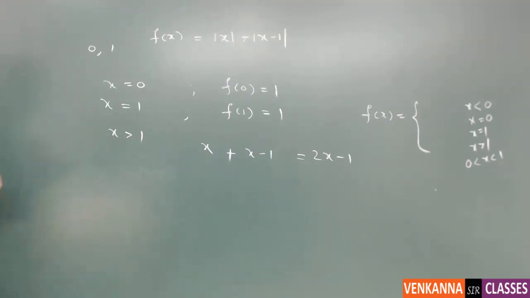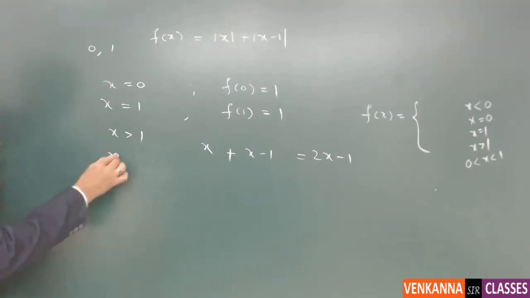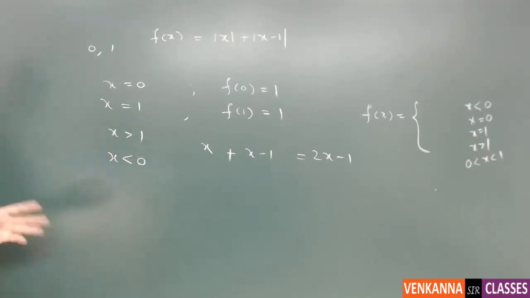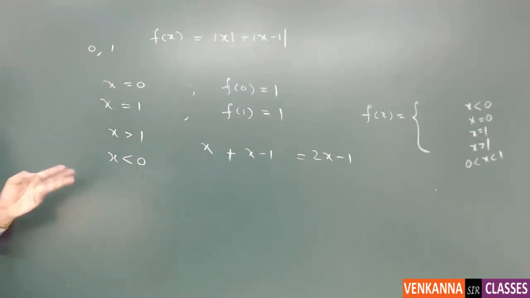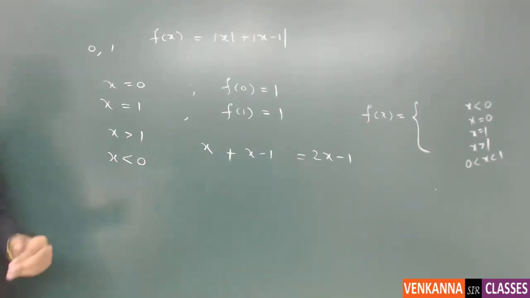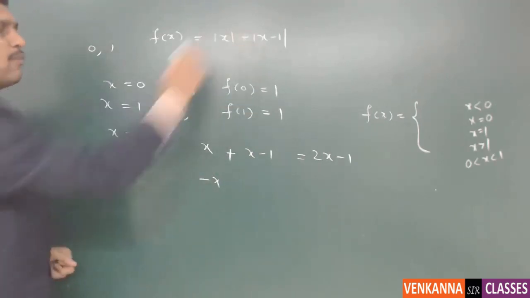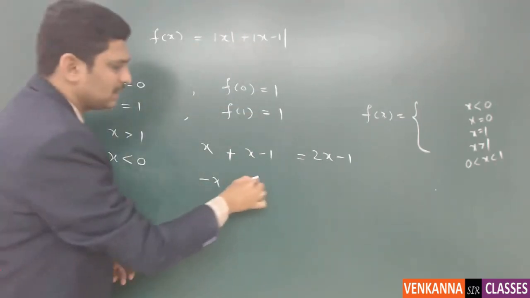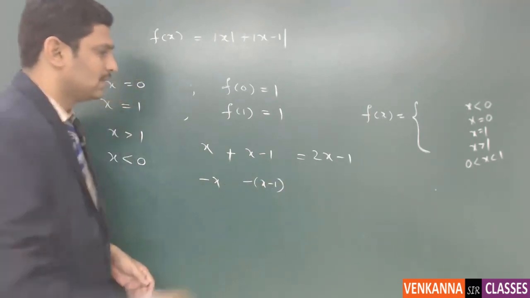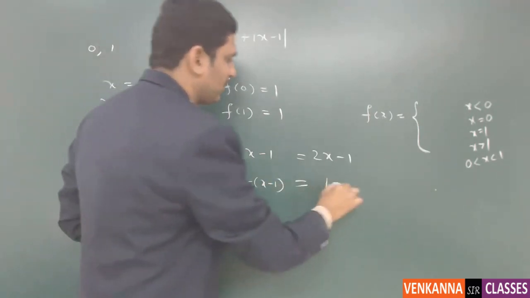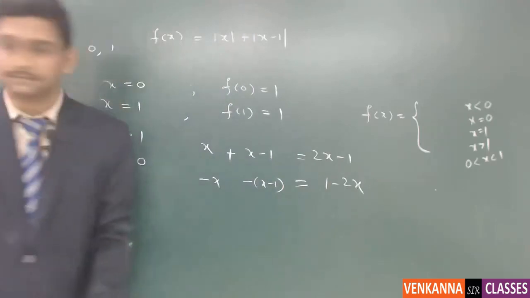Fine. Suppose if x is less than 0, say minus 0.5, minus 0.3, etc. In such case, mod x will be minus x, modulus of x minus 1 will be minus of x minus 1, and if you sum up the values, it will be 1 minus 2x.